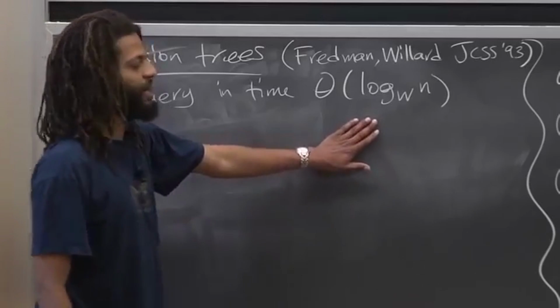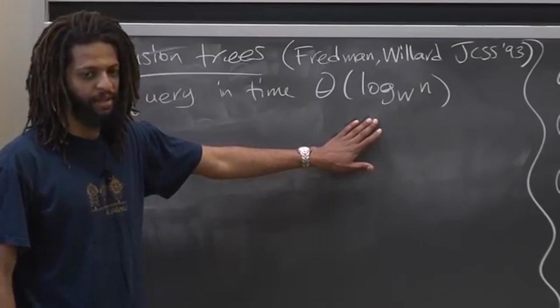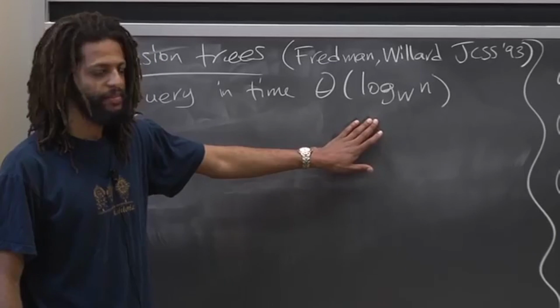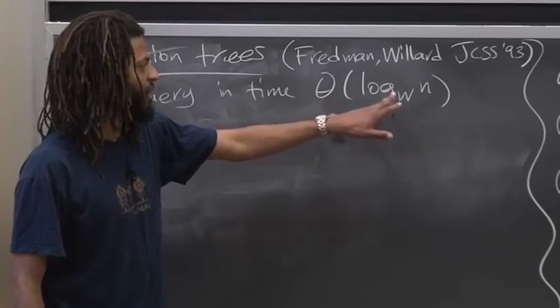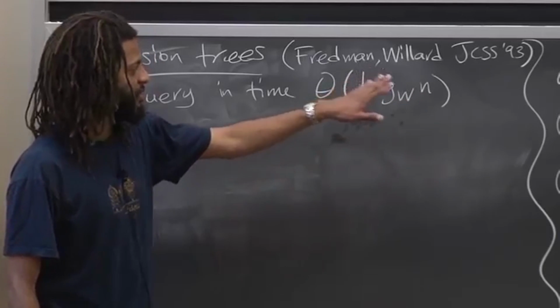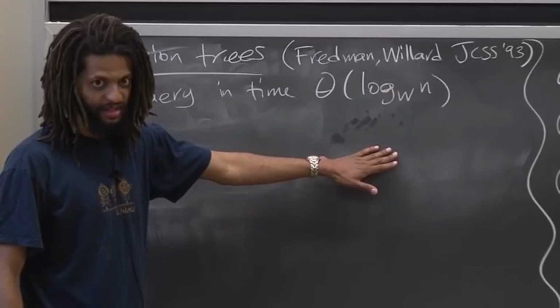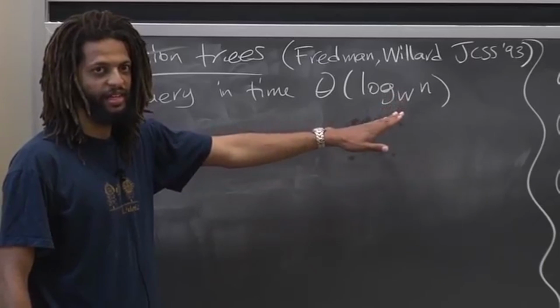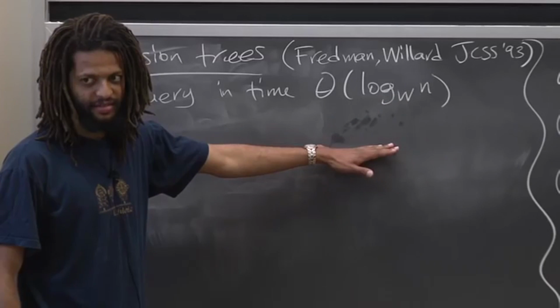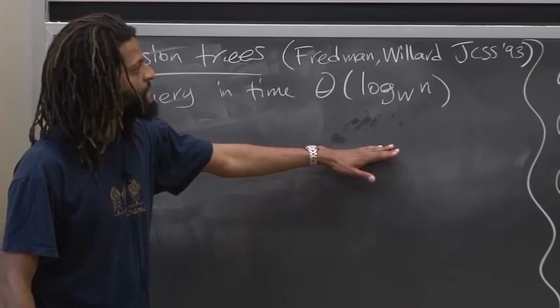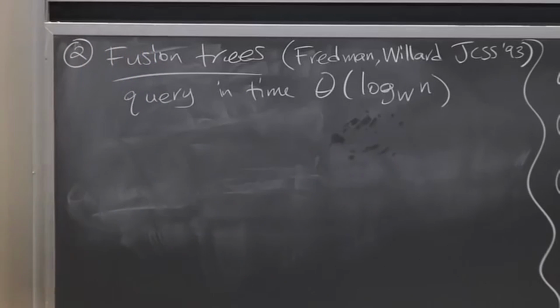So already this beats binary search trees, right? If w is at least log n, remember log base w of n is the same thing as log n over log w. So this is never going to be more than log n over log log n. But of course, if we know w, I mean, we know the machine that we're coding on, we can choose the better of fusion trees and, let's say, van Emde Boas trees or y-fast trees.